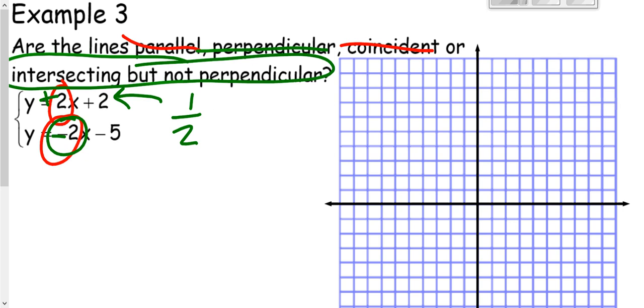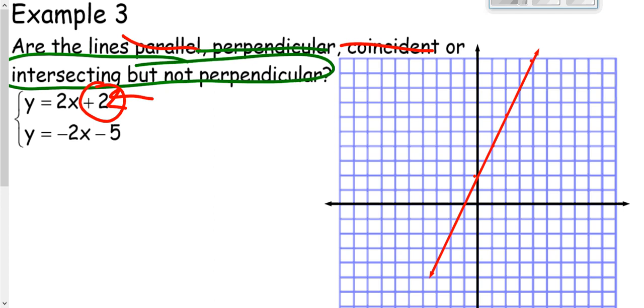All right? So if I have here, take all this stuff off, we already know that they're just intersecting because we compared those slopes, right? So let's take a look at what they look like so that you understand this. I'm going to start with this first line. So I'm going to go up 2 because that's my y-intercept, right? And then my slope is up 2 over 1.